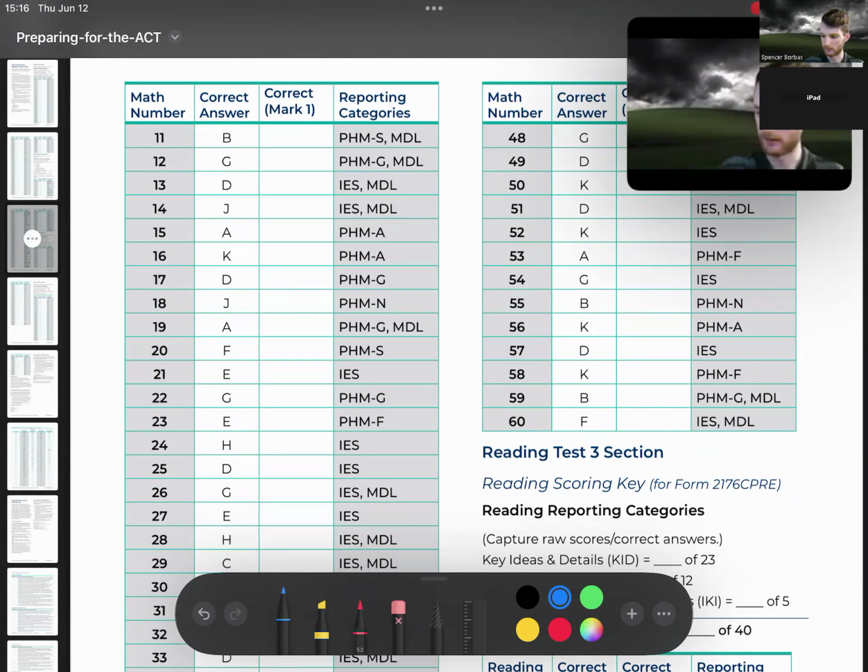I've gotten all but one right so far. So 24 out of 25. And number two, I remember, I guessed on that one.